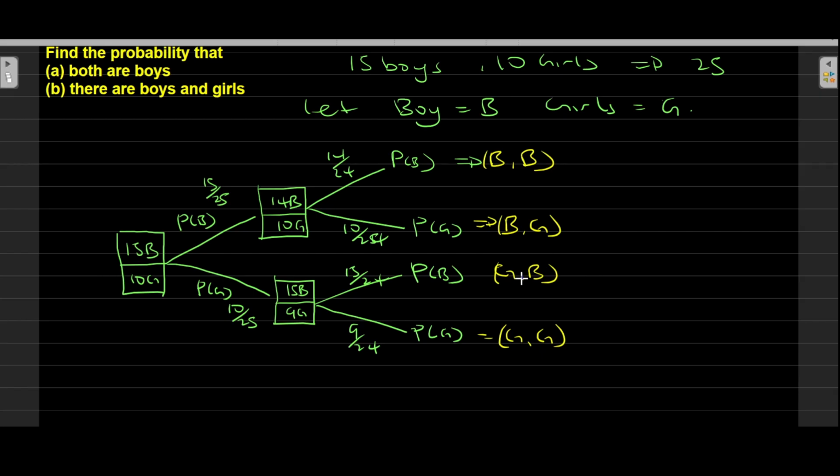Now it becomes easier for us to find the probability of having both boys. For the probability of having both boys, we are going to take this one here and also that one there, because that's the only route which gives us only boys.